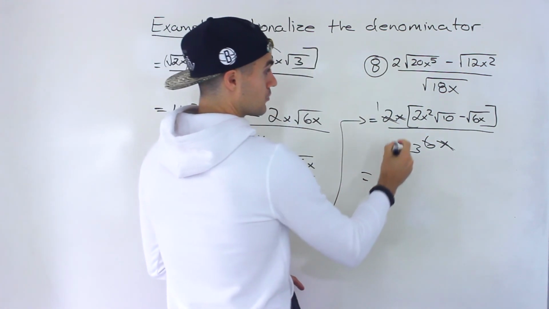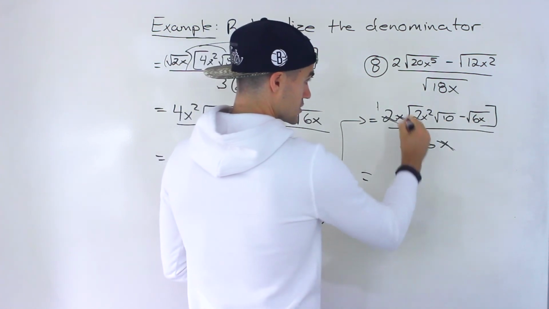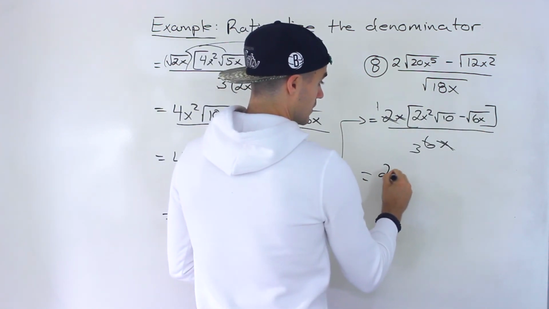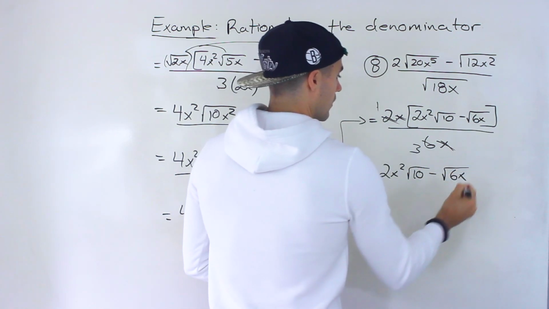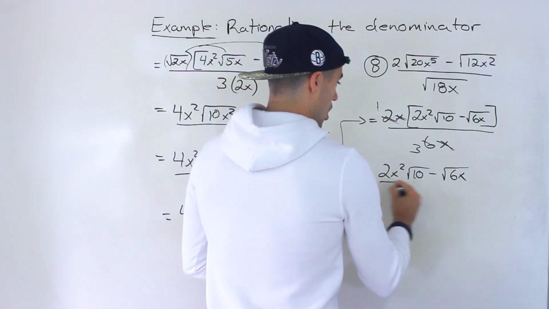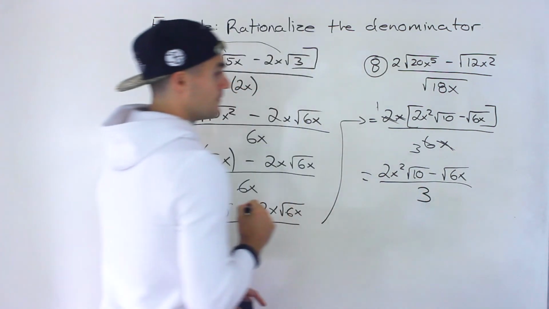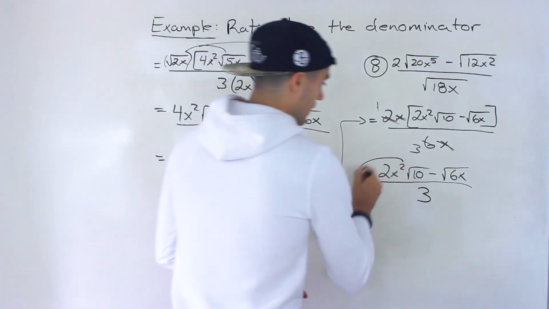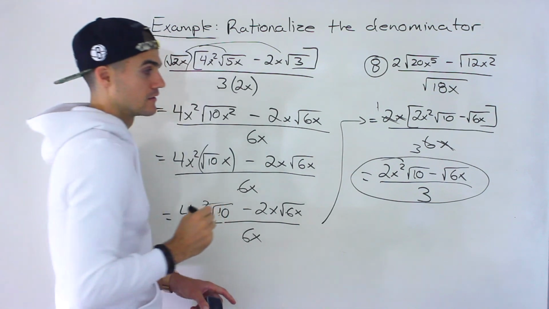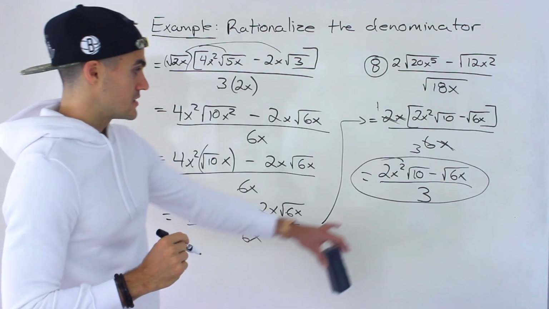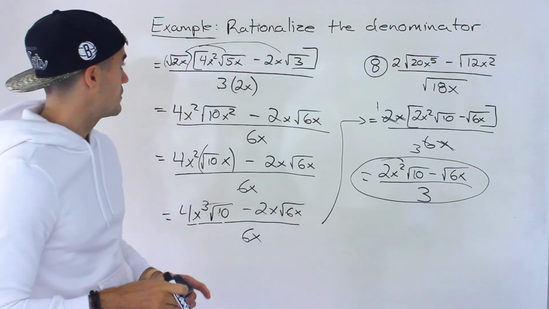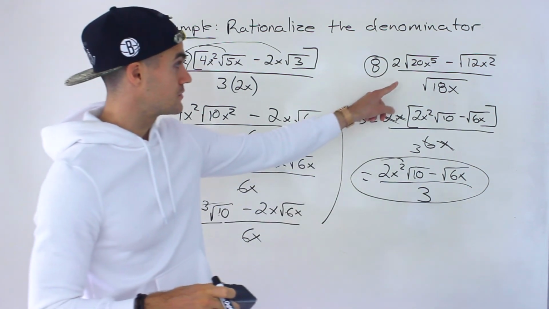And so we would end up with 1 times all of this is just that expression, like that, all over 3, and that is the final answer. That doesn't simplify any further. All right, so this here ends up being the final solution for that.